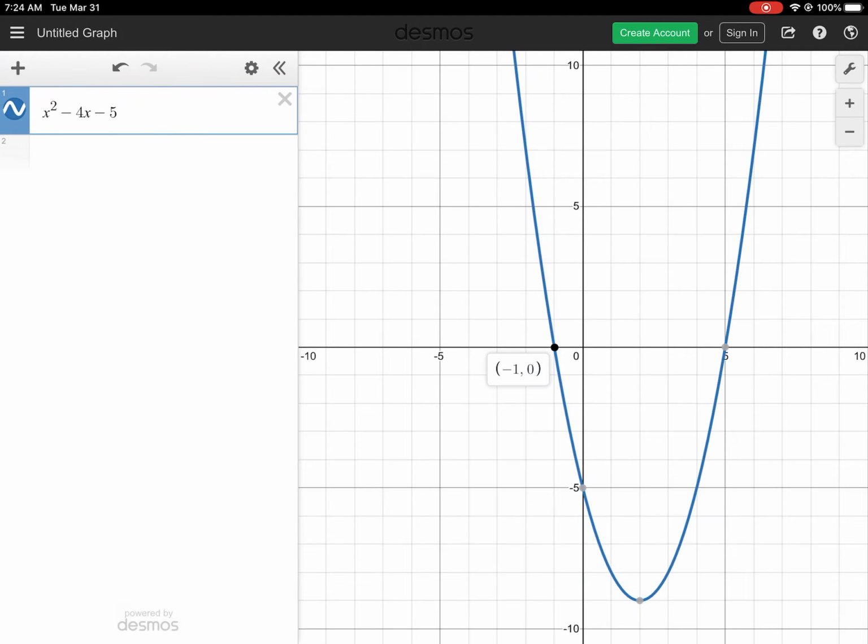I can't write on top of Desmos, but you can see the 2 x-intercepts, which we just solved for, -1 and 5, and above them, the parabola is stretching on forever. In between them, it's below the x-axis. So in between is where it's negative, and on the outsides, and visually speaking above them, is where it's positive.